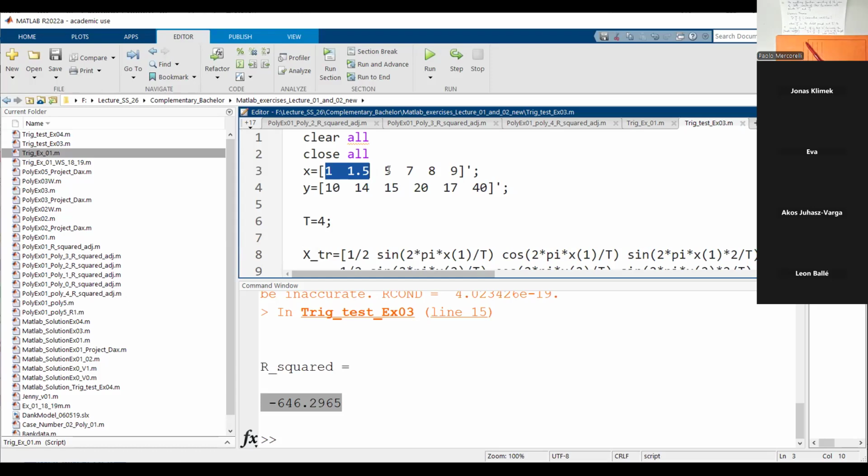Here is 3,5. No, excuse me, 2,5, right? No, 3,5. Here is 2.